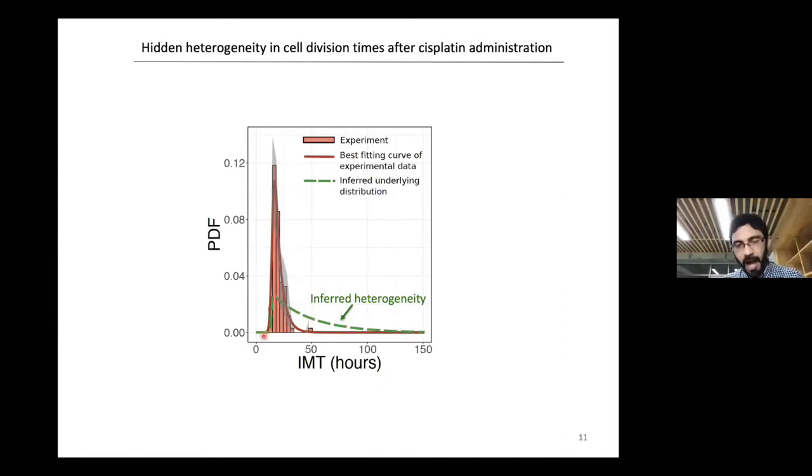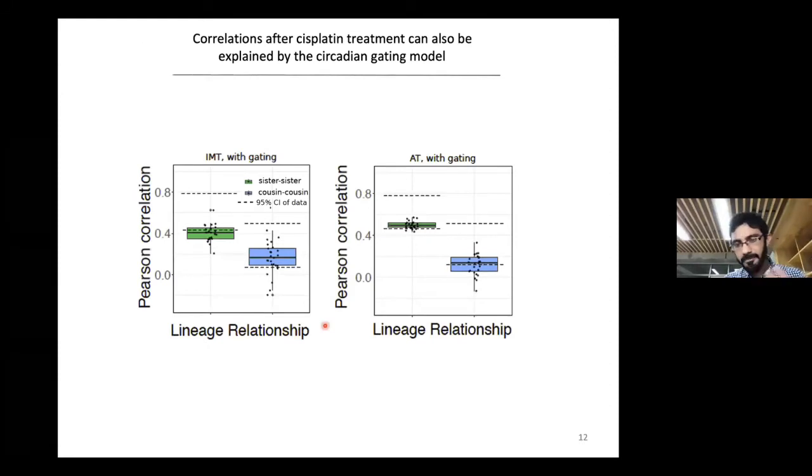Given that we now know what the underlying real distributions of cell cycle time and apoptosis times are, we can put this into a similar sort of Gillespie-type simulation framework and generate lineages of cells that are dividing. And we can start looking at the correlations that we generate in that simulation framework.